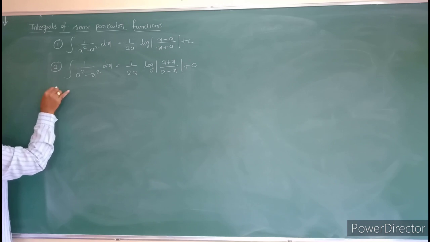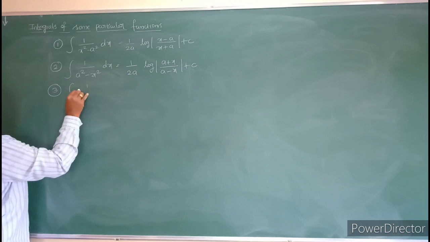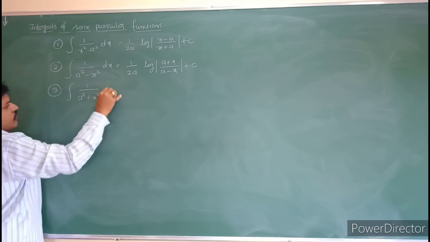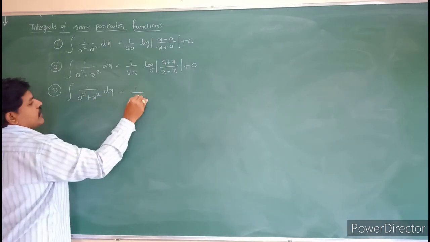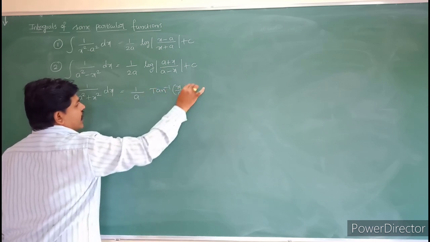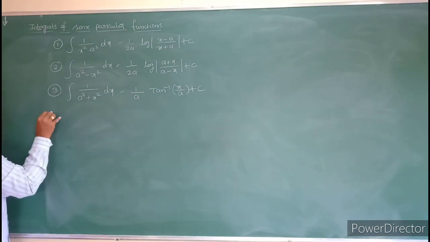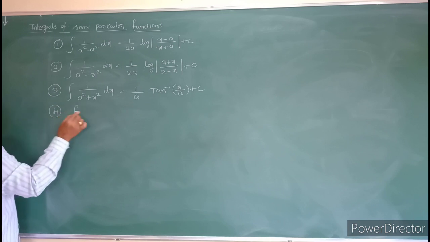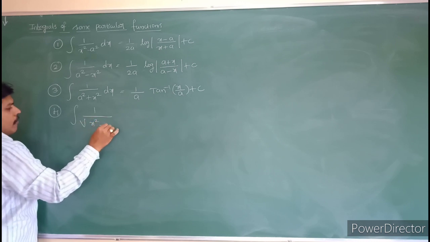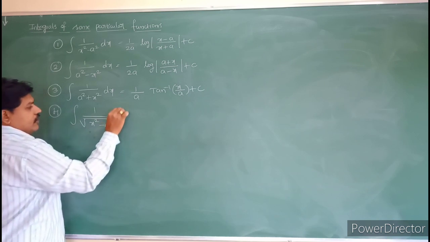See the third one: integral of 1 by a square plus x square into dx. That is equal to 1 by a into tan inverse of x by a plus c. See the next one: integral of 1 by root of x square minus a square into dx.